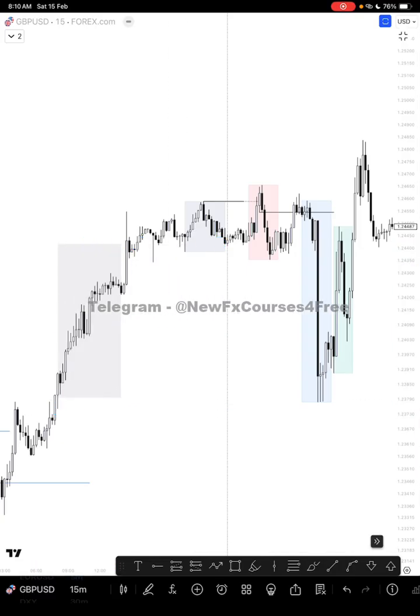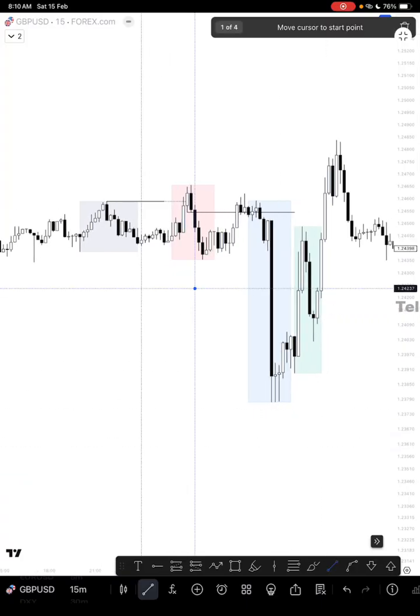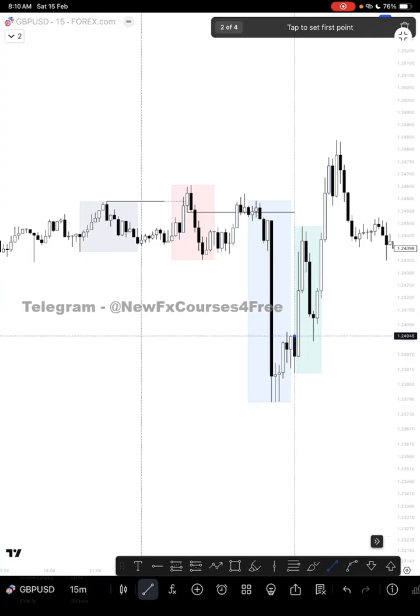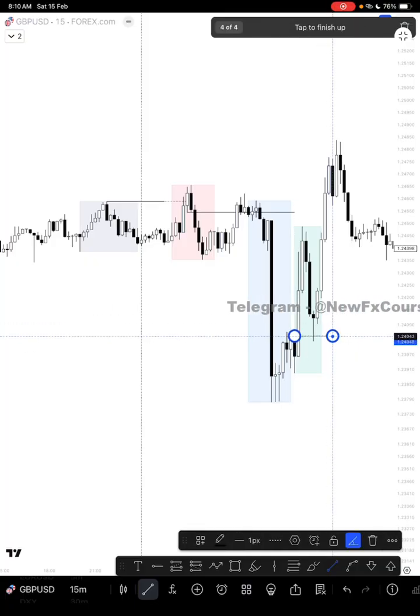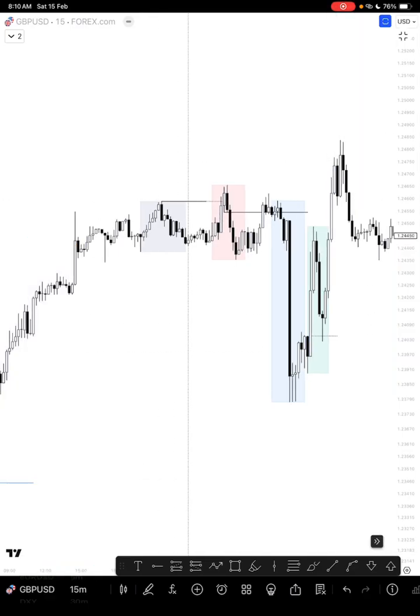Then after clearing out all these liquidity voids, the reversal profile actually starts when London close, expansion higher, retracement lower, and you got your 5 minute order block, then expansion for higher prices.